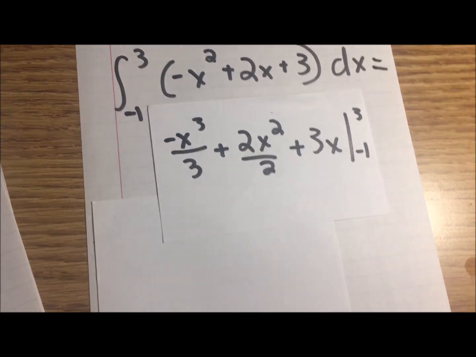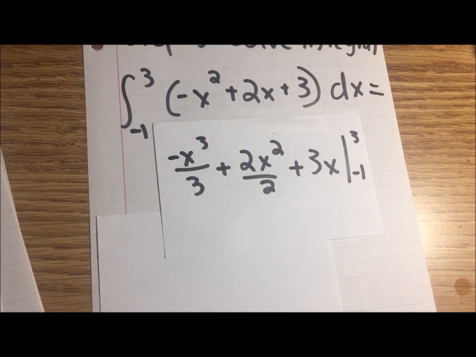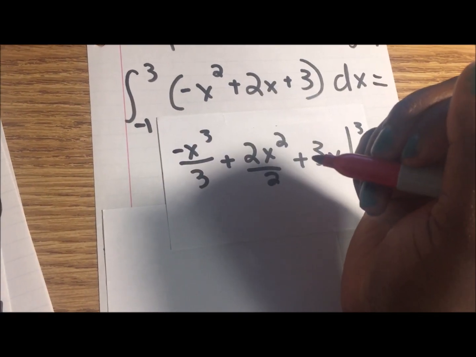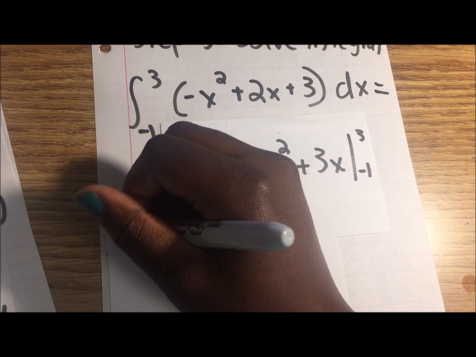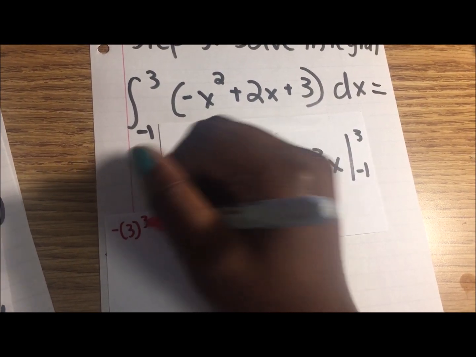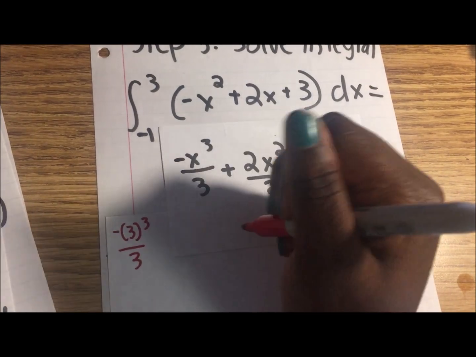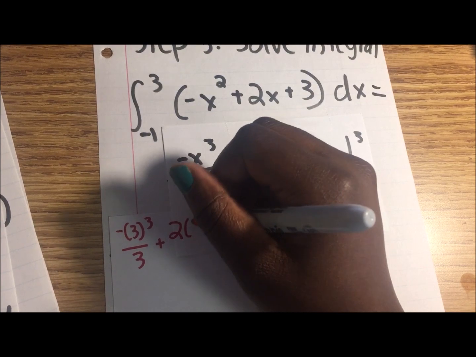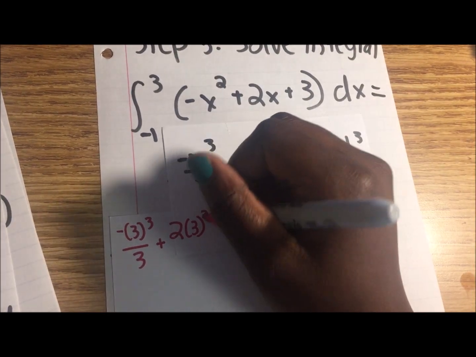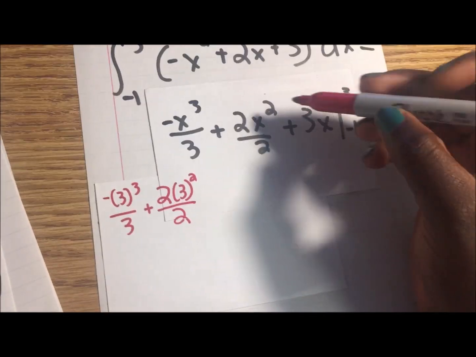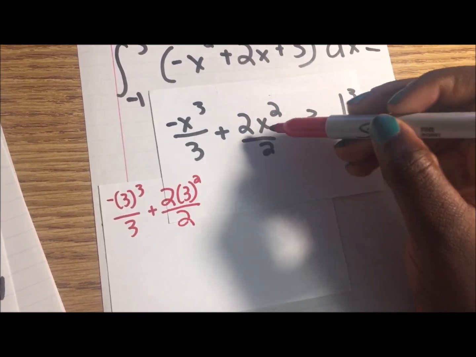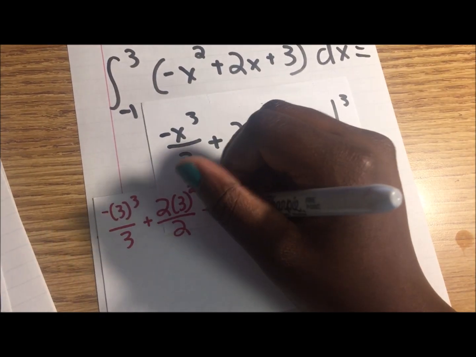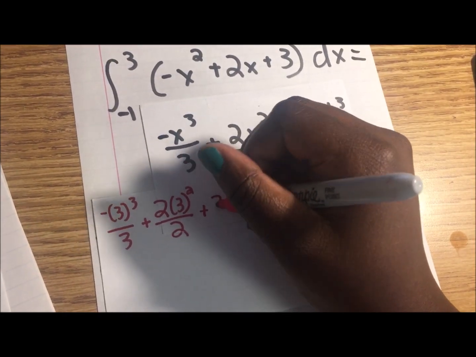When you do the computation, it's going to look like this. Oh, and by the way, you can take the 2 out and just have this be x squared, but I just kept it there. It'll come out to the same thing. If you want to simplify it, you can.